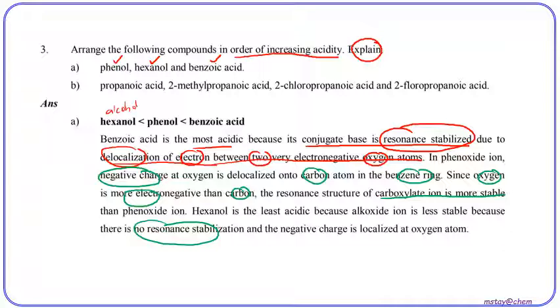So next, we will look at question number B. Here we notice that in question B, they have the methyl group as an EDG, and then chloro and fluoro are both EWG. And then propanoic acid doesn't have an EDG or an EWG, and also doesn't have a resonance effect.